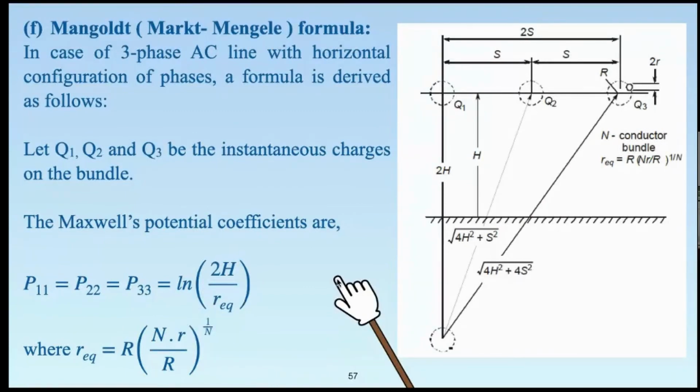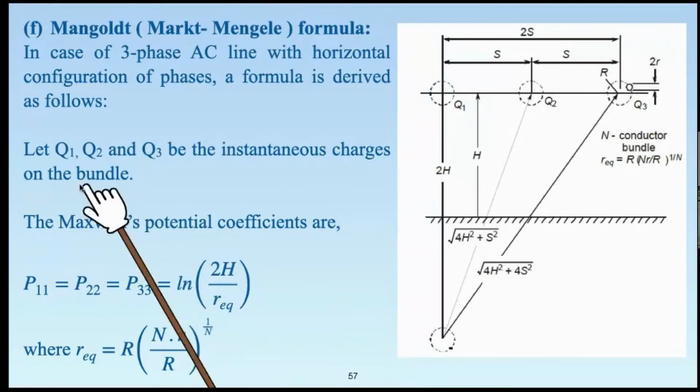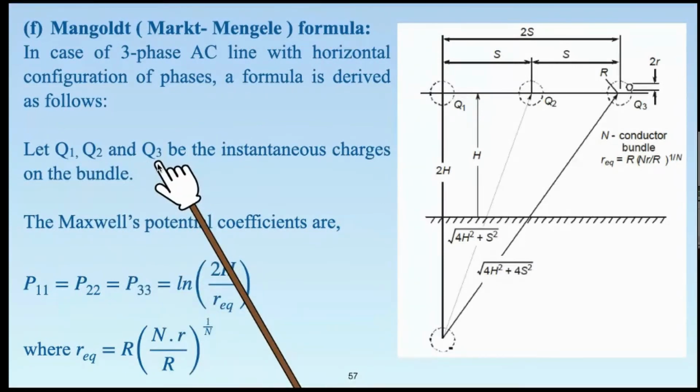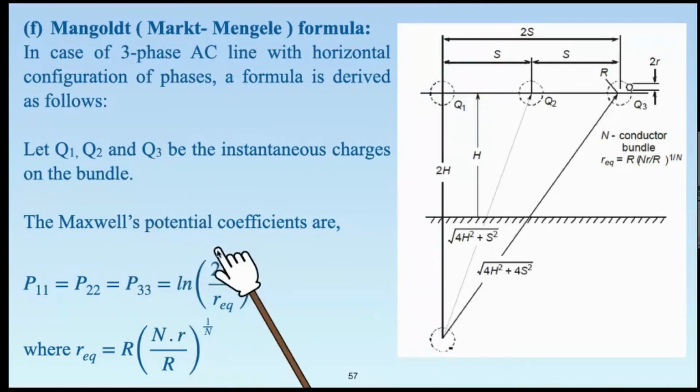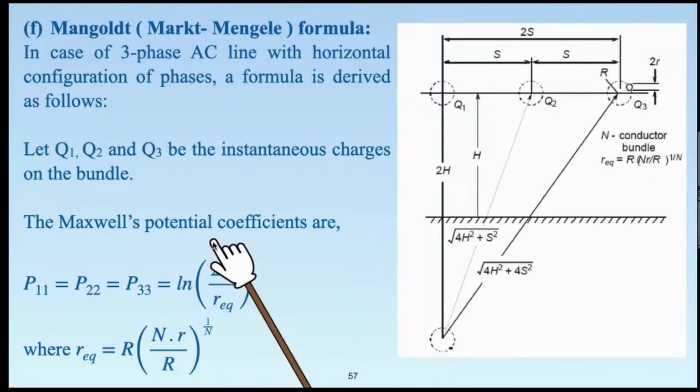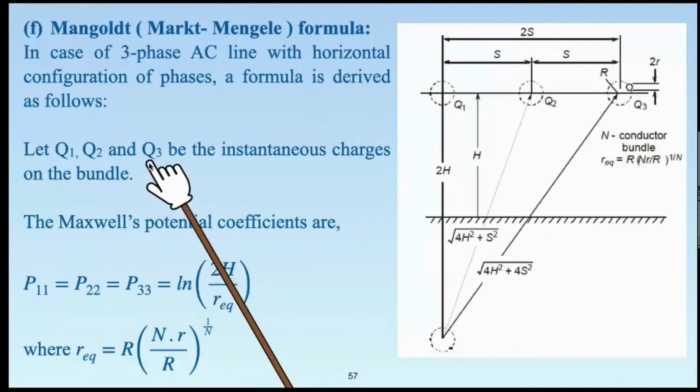Now please recollect that whenever you have n number of charged conductors, the Maxwell's potential coefficients, which we derived earlier for a single phase and then wrote as a general equation, form a matrix. Here the Maxwell's potential coefficient matrix will have 3 by 3 elements, that is 9 elements.